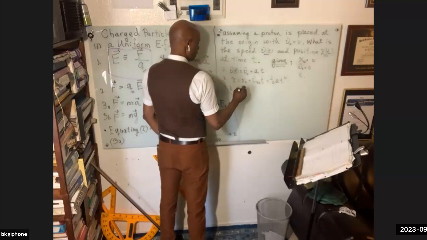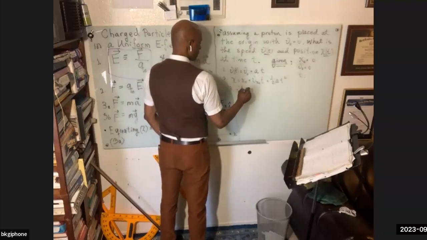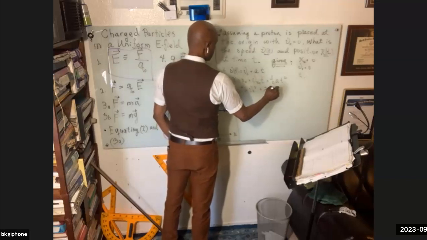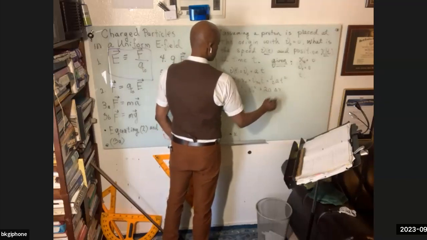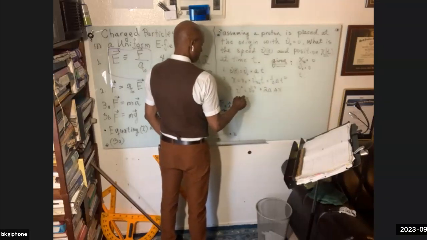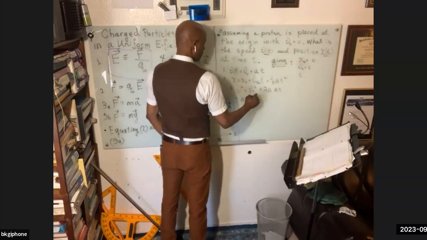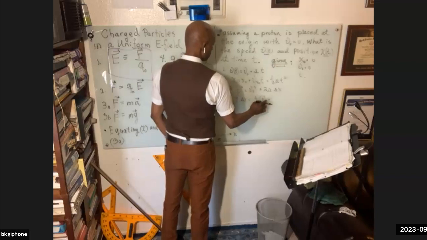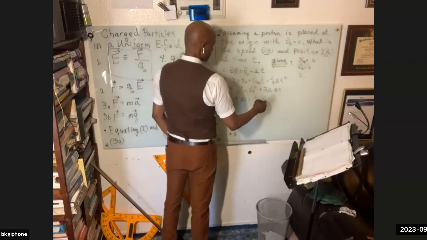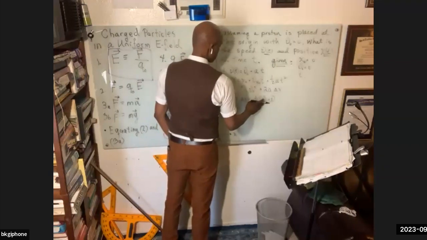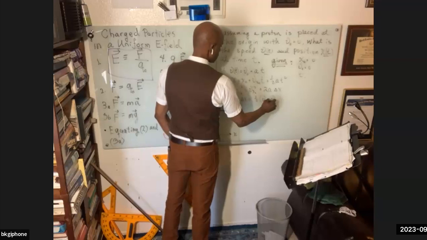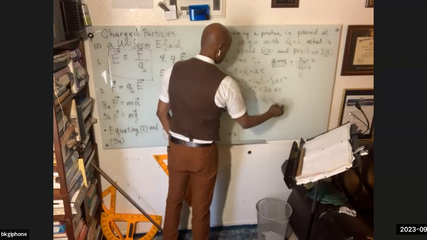And of course, v squared equals v naught squared plus 2a delta x, and delta x equals 1/2 times the sum of vx and v naught x, times t.